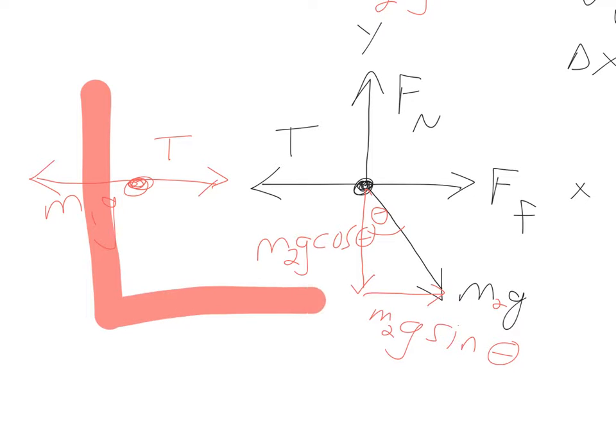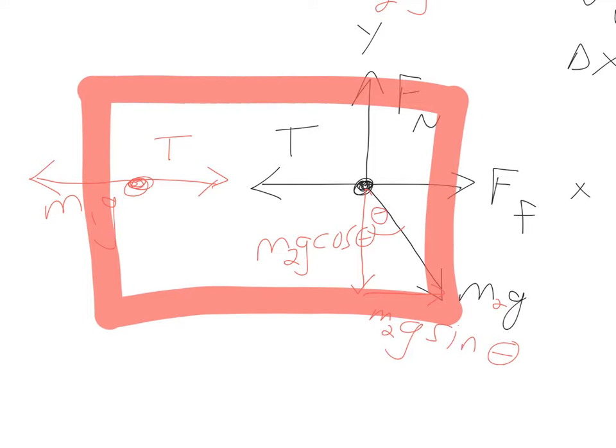By focusing on the entire system of 2 objects attached to each other, the force that I don't know about, tension, cancels out because it's inside of the system. The normal force and mg cosine theta cancel out because they are opposite each other.